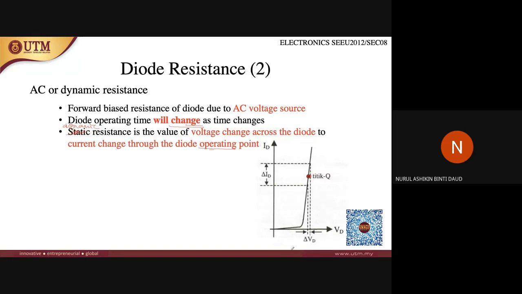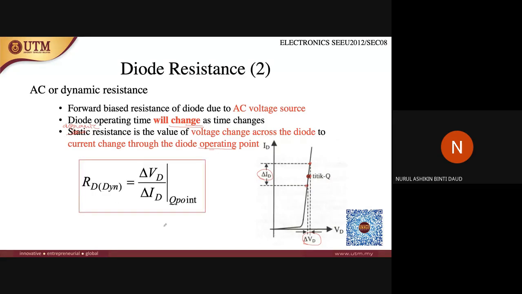You need to take one point above point Q and one point lower than point Q. Take the difference in voltage and the difference in current, and divide the voltage difference by the current difference. Then only will you get the resistance value at point Q.